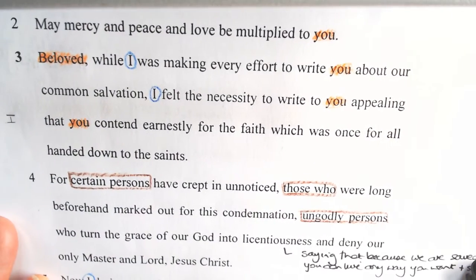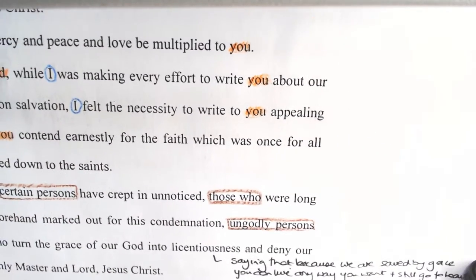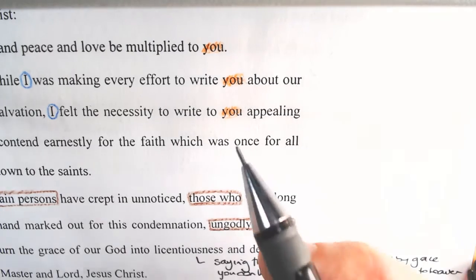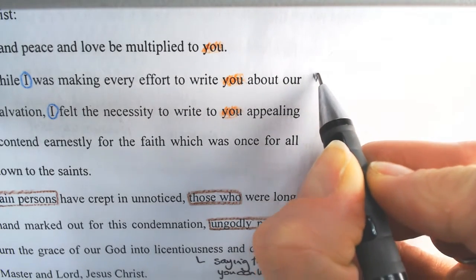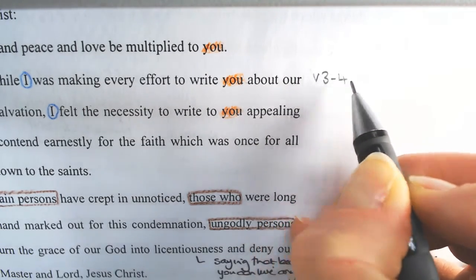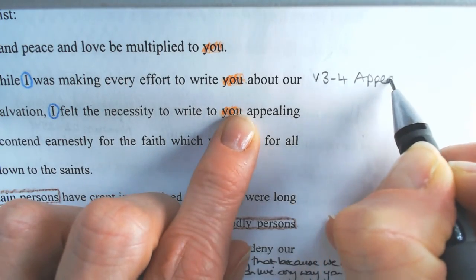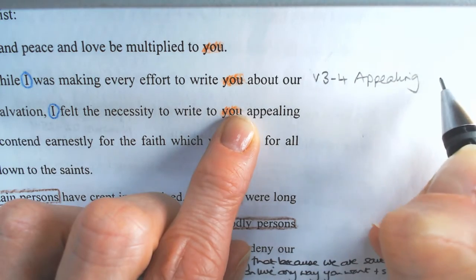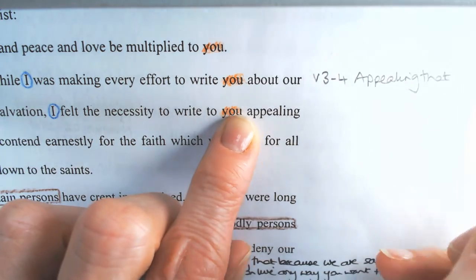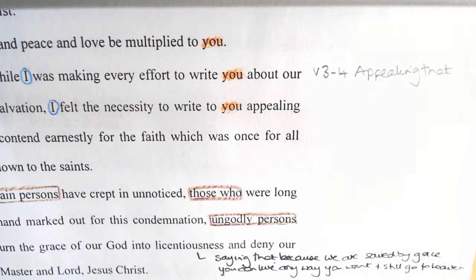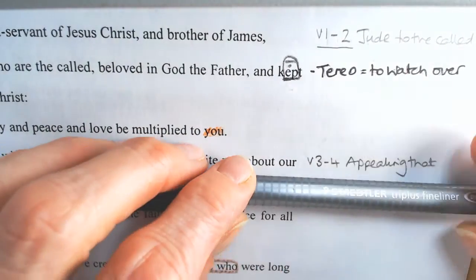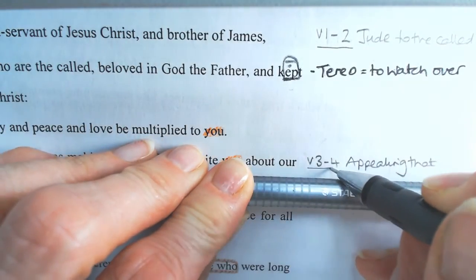Here we go, let me show you. Okay, beloved, there we go. So we just write down against verse 3 here, and it's verses 3 to 4, and that was appealing. You'd write the whole summary of your paragraph down. I'm not going to write it all out, but you get the idea. And that's just verses 3 to 4.